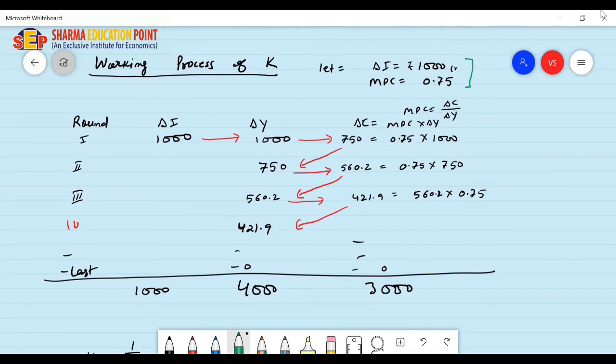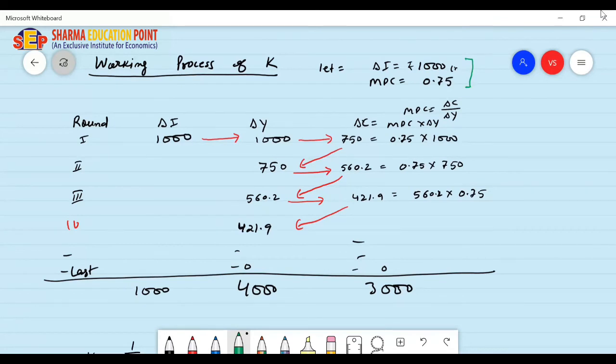This result into increase in income of another person. Now the person whose income has increased, he will spend some part of his income on his consumption. So he spent 750 rupees on his consumption, and when he spent on his consumption, now his expenditure is become the income of another person. So in the second round, this 750 is now income of another person.